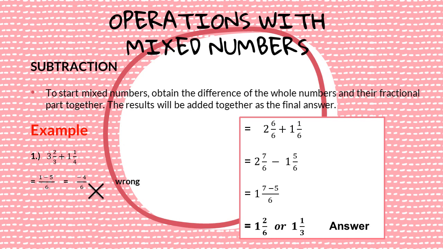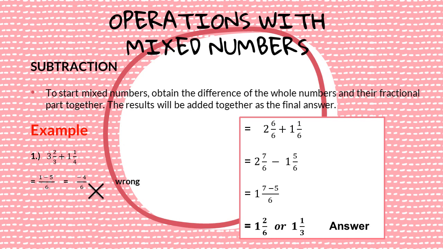So, magiging 2 and 7/6 na po yan. Minus, and then, i-minus po natin sa 1 and 5/6. So, medyo okay na po tayo dun kasi meron tayong 2 and 7/6 minus 1 and 5/6. Okay, so pwede na tayo mag-subtract nung fraction.